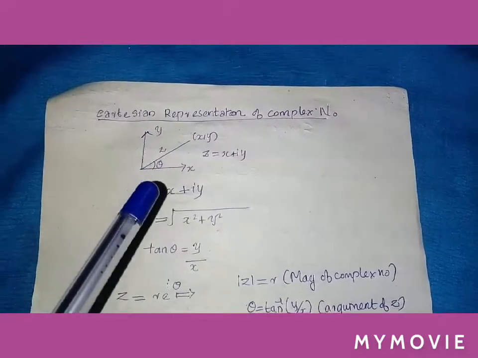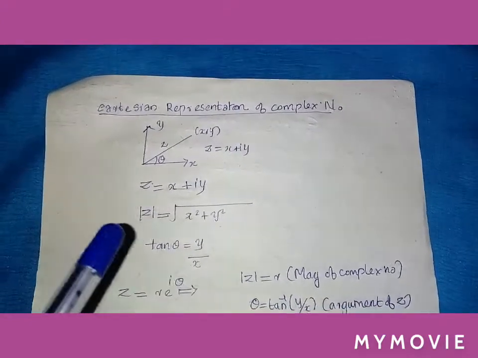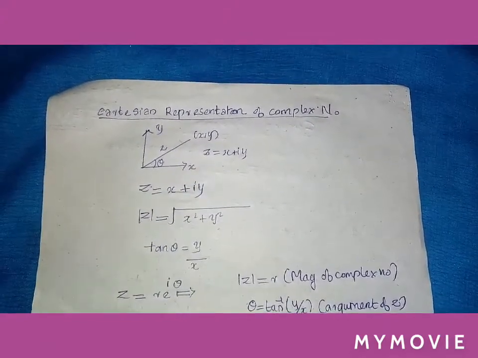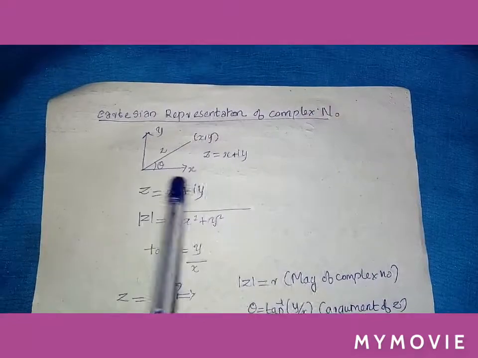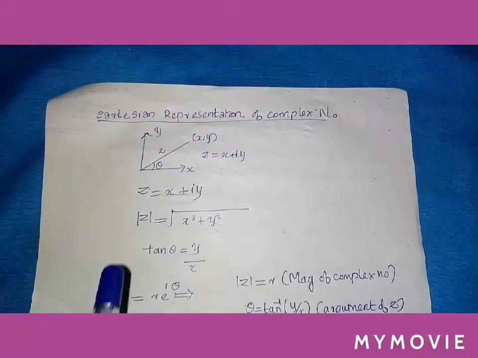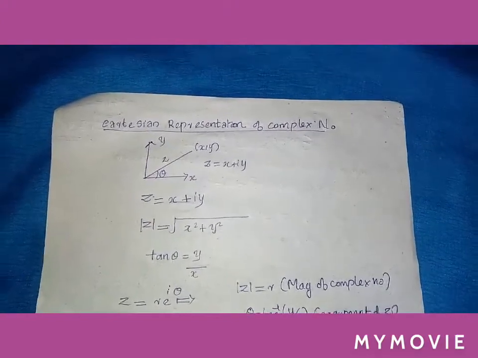So from this figure we can find that mod z is equal to under root x square plus y square, because in the Pythagoras triangle, x square plus y square is z square. Under root x square plus y square is mod z.